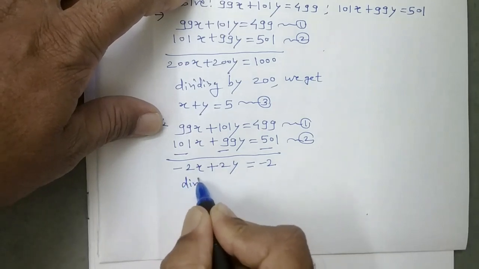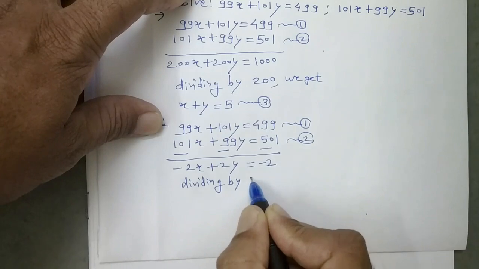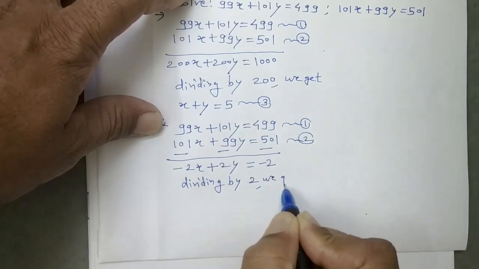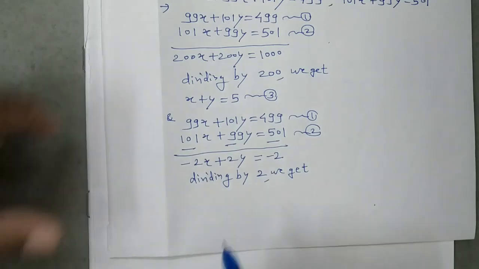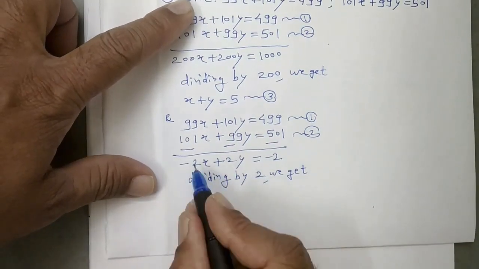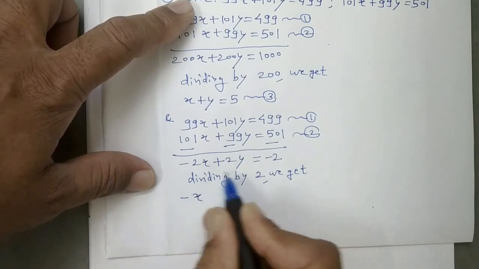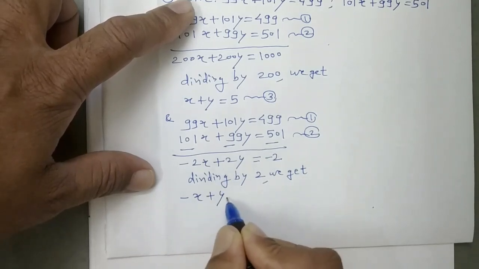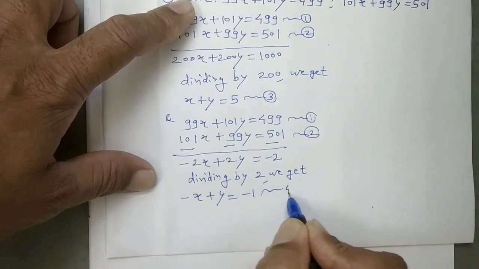Dividing by 2, we get, now minus 2x divided by 2, that is minus x plus y is equal to minus 1. This is equation number 4.